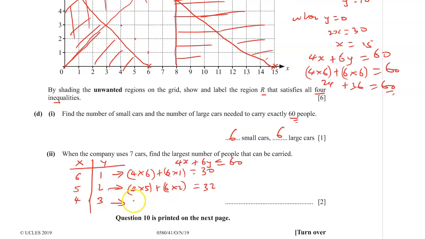And this one is 4 times 4 plus 6 times 3, this is 16 plus 18, this is 34. So when the company uses 7 cars, the largest number of people that can be carried is 34, right there.